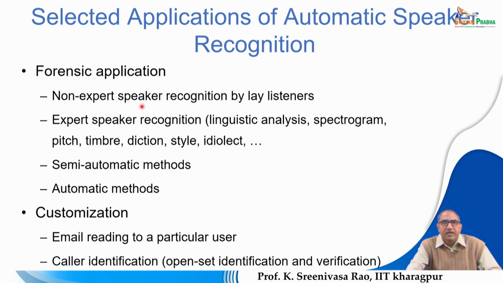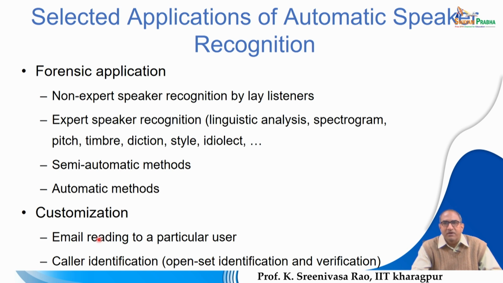Then the forensic applications and customization. Customization means, as we have seen in speech recognition applications, you can customize the recognition system. For example, in an automobile system, suppose you have an automatic driving car where you can control everything using a voice interface. Since the car is your personal thing, it is better to customize it for you, so that if others want to use the voice interface, it should not work.